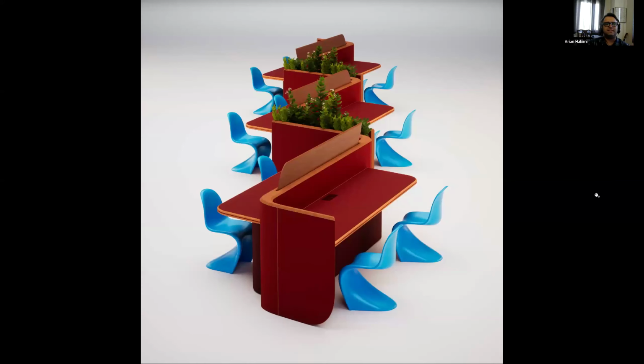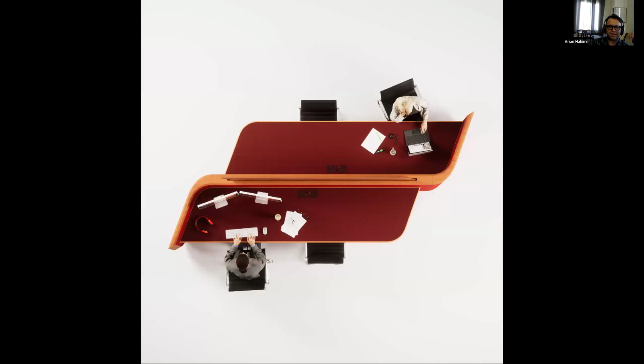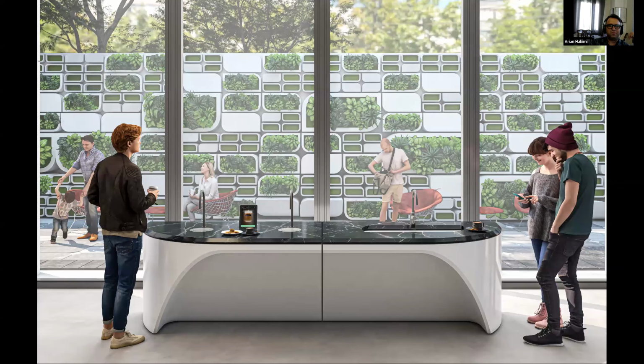As I said, it was a mixed-use building, and at the ground floor we were told to design a co-working area. So we even designed the furniture, the workstations, based on the design concept that we had at the very beginning.